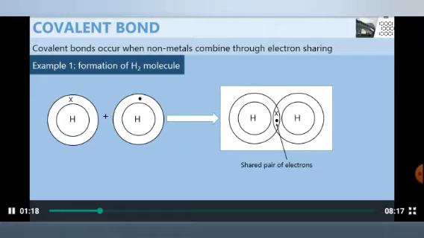As you can see, the energy levels will overlap and the electrons will be shared between the two atoms. So this shared pair of electrons forms what we call a covalent bond.